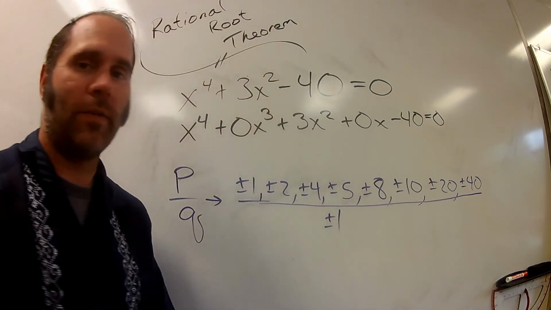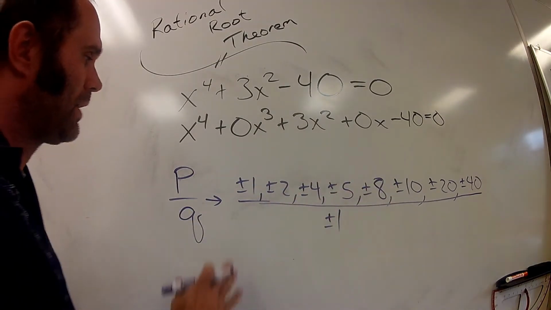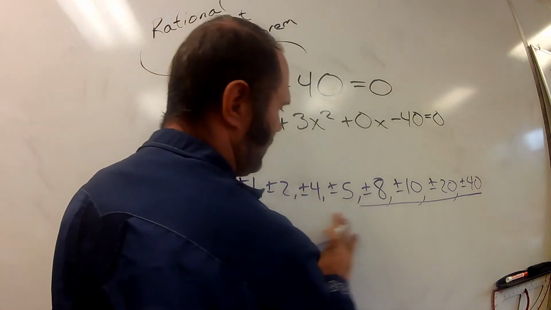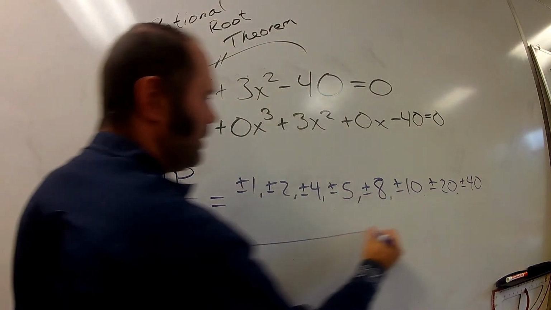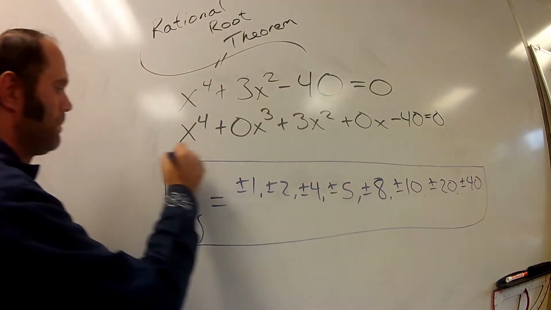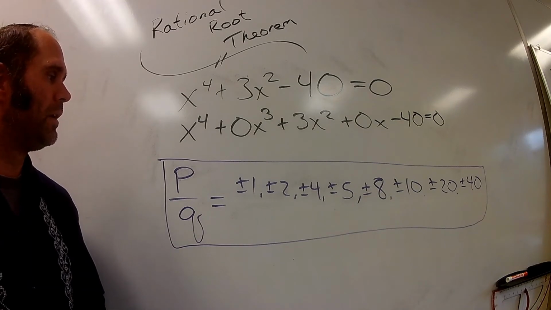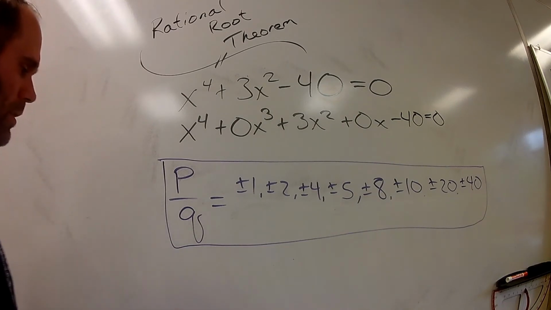When you divide anything by 1, you get that anything back. So this actually is our solution set, and that's pretty awesome. If you were asked to find just the possible rational roots, this would be our answer.